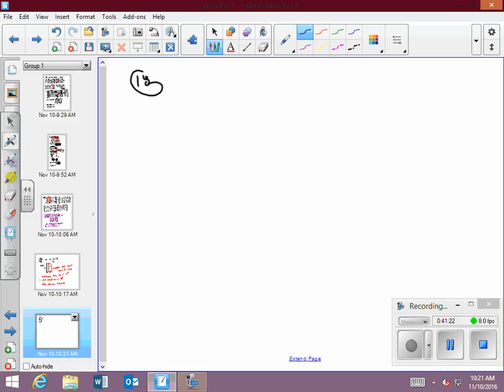It says if B is a basis for the subspace H, then each vector in H can be written in only one way as a linear combination of the vectors in B. If you look back on page 155, where it says coordinate systems, in that first paragraph it says the main reason for selecting a basis for a subspace H, instead of merely a spanning set, is that each vector in H can be written in only one way.